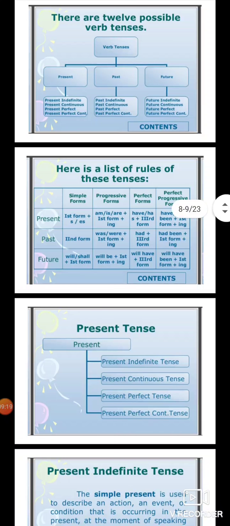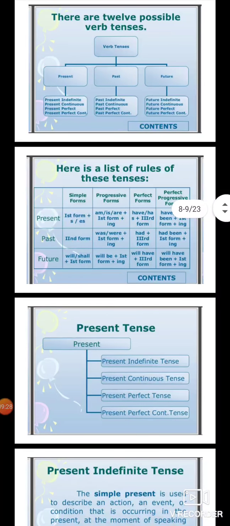So that is what I wanted to explain in class today: the difference between the simple present and the present continuous, then the simple past and the past continuous.